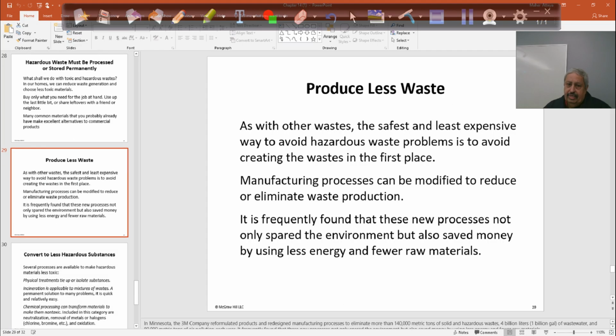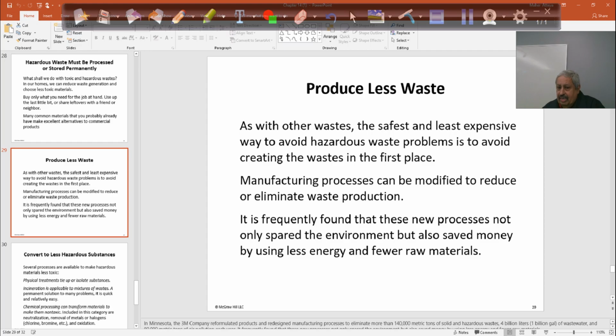Produce less waste. As with other waste, the safest and least expensive way to avoid the hazardous waste problem is to avoid creating the waste in the first place. That's really true. If we can reduce, eliminate or avoid this waste to begin with, that would be the best way.